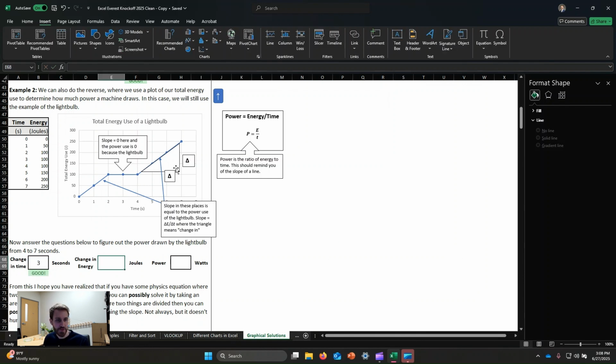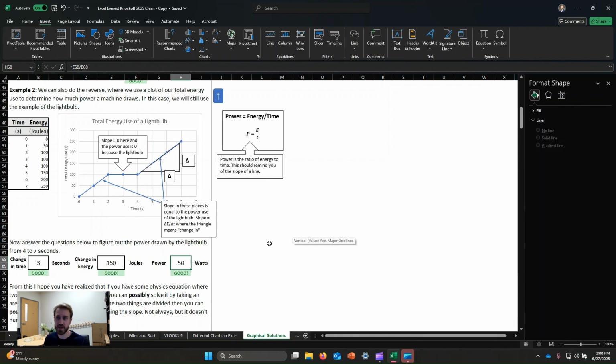And the change in energy is going to be, it's 250 at the end, it's 100 at the start. So that's just going to be 150. And then to get the power, I look at this and I say change in energy over change in time. Well, that's going to be equal to this energy one divided by this time one. And there's my 50 watts of power, which is the same as the slope of this line.